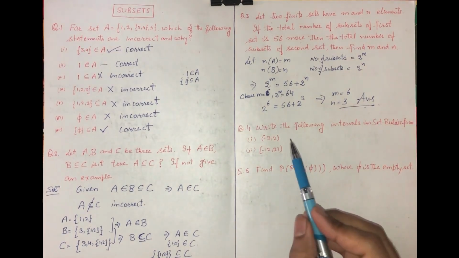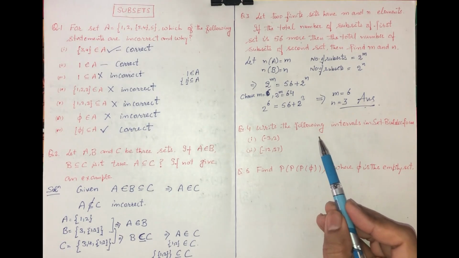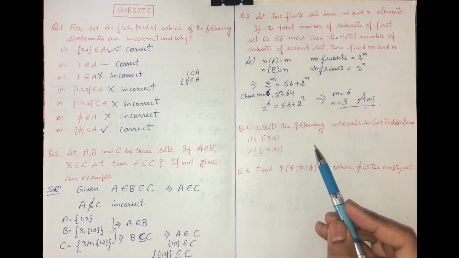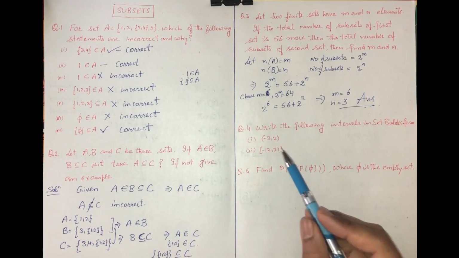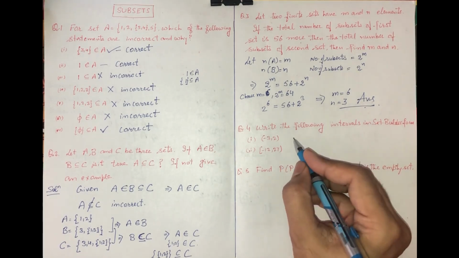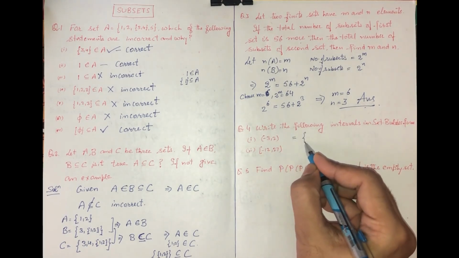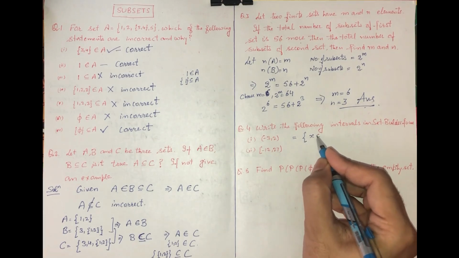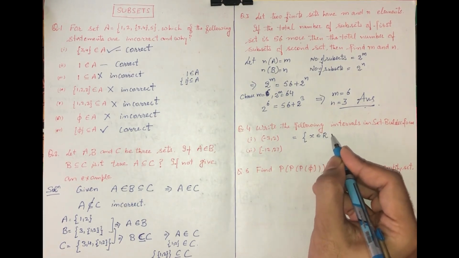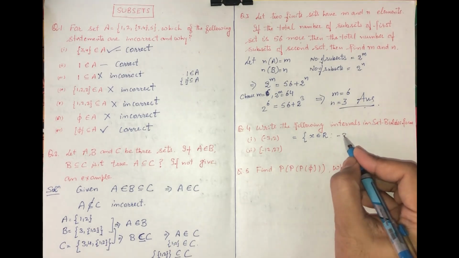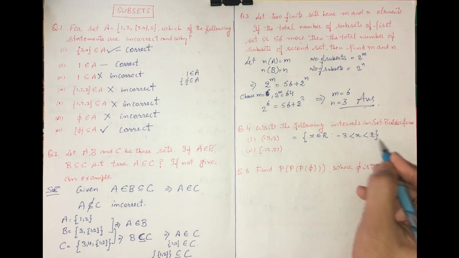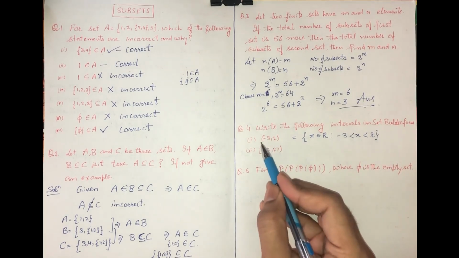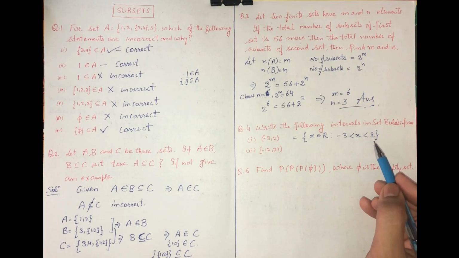Next question. Write the following intervals in set builder form. You know, set builder form means we have to write the property of the elements satisfied by them. So the set builder form of this interval is all those real numbers belonging to this, having strict inequality, because this is an open interval, so endpoints are not included.